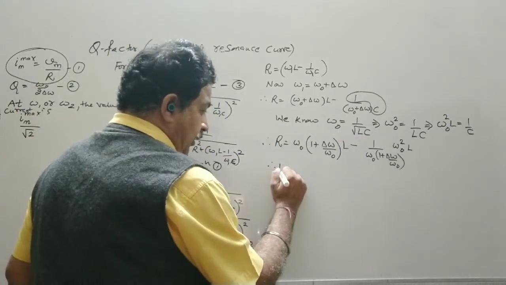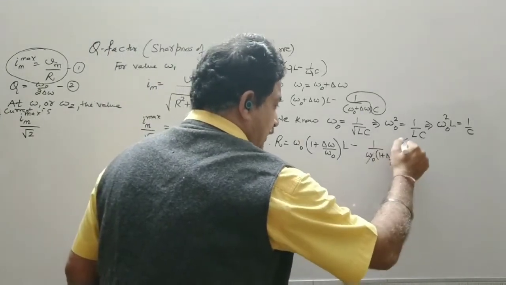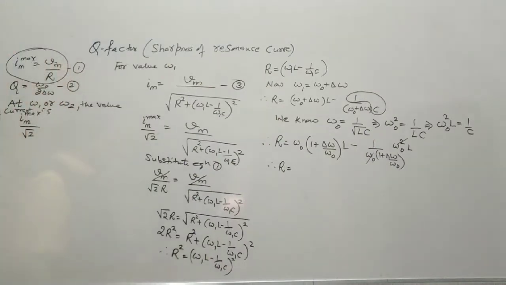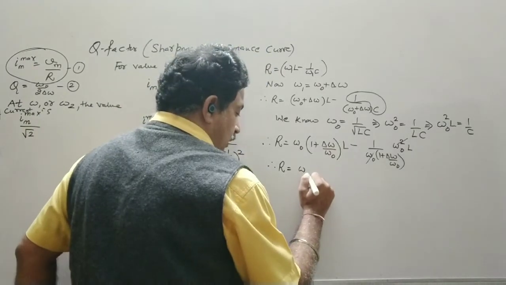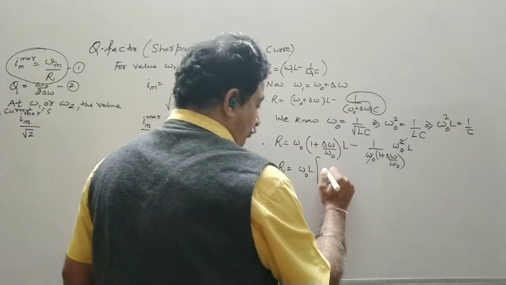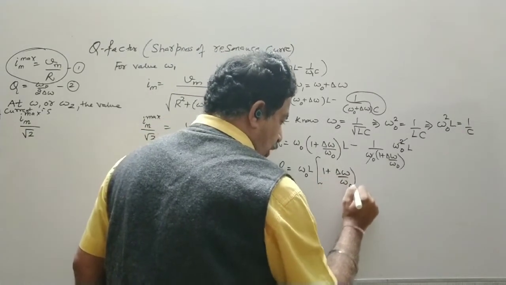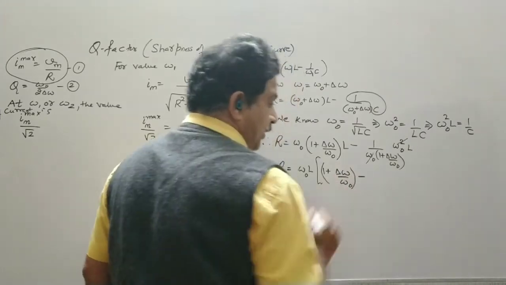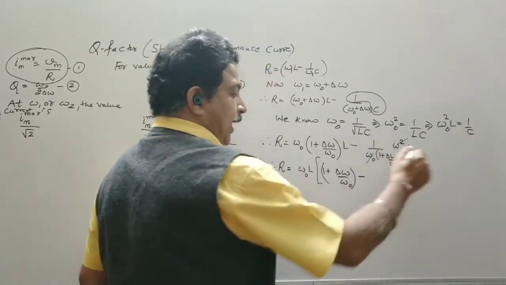So therefore, R is equal to, now this omega is cancelled with this omega. So we have omega naught L common on both the sides. So omega naught L into 1 plus delta omega upon omega naught minus, we take this omega naught L as common.